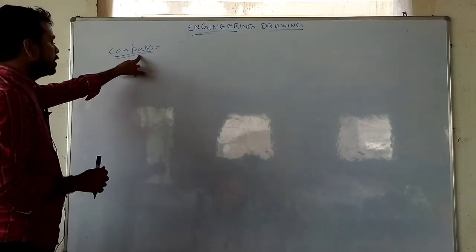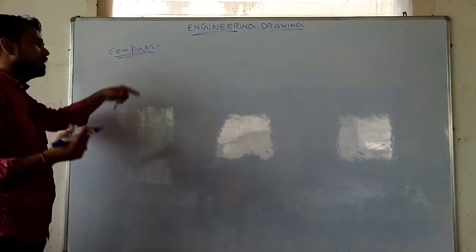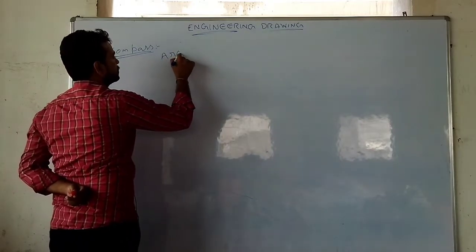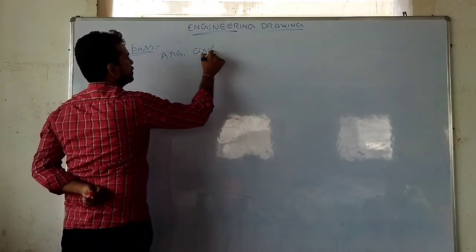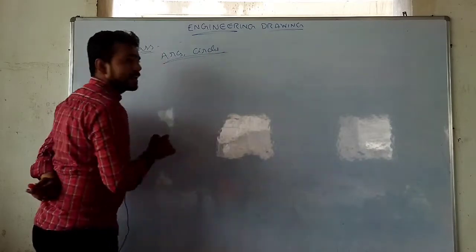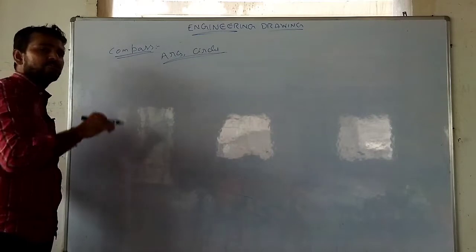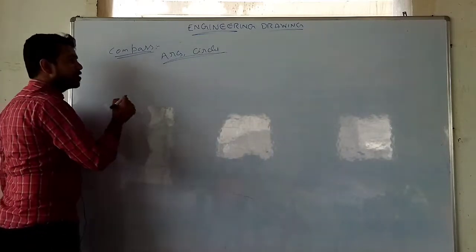Okay, with the help of compass, you can draw arcs and circles. But as an IES aspirant, you should not mention these things. You should mention it in a technical way. What is the technical way?